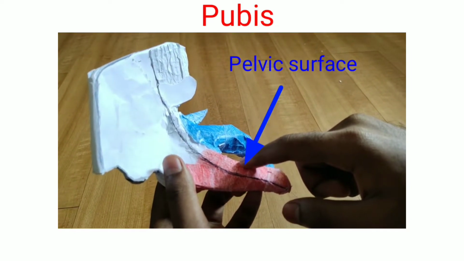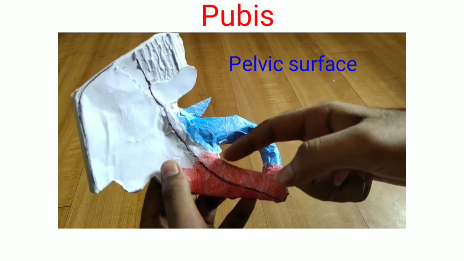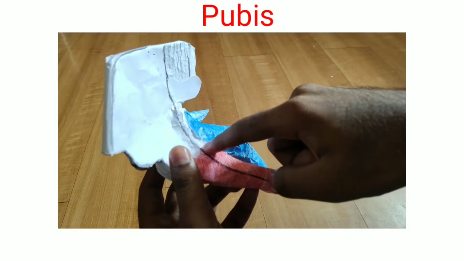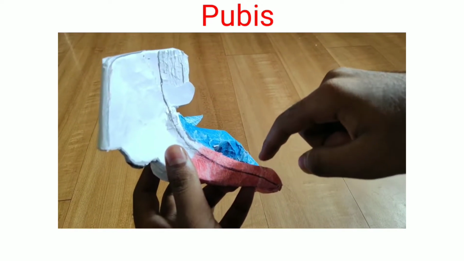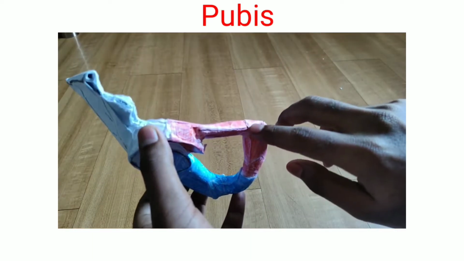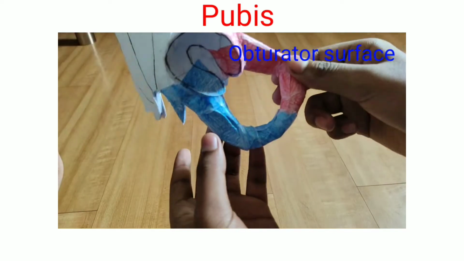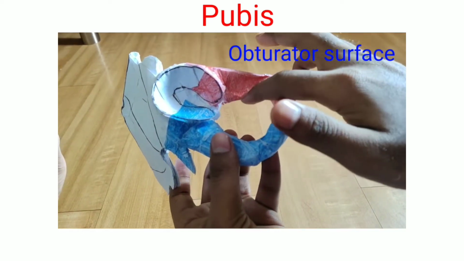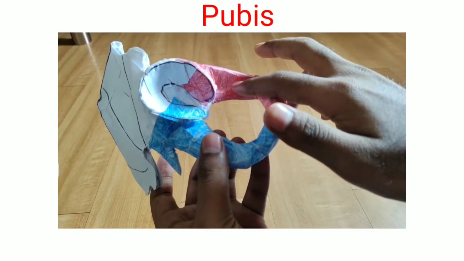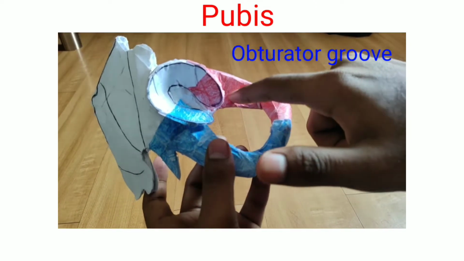This pelvic surface is between the superior border and inferior border of the superior ramus. This pelvic surface of the ramus will form the anterior surface of the pelvis, and the next surface is between the anterior border and the inferior border. It's below the superior ramus. This surface is called the obturator surface, and this surface will have a groove called the obturator groove.